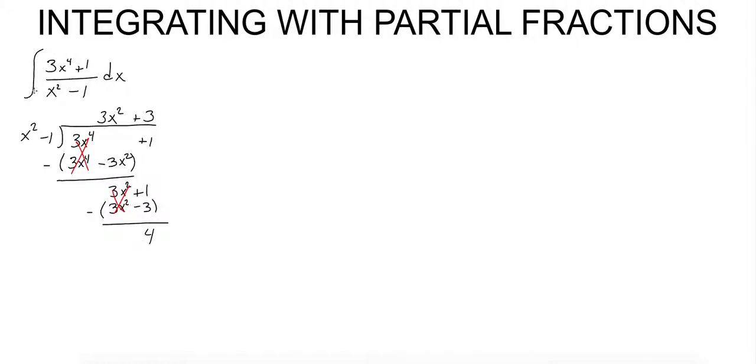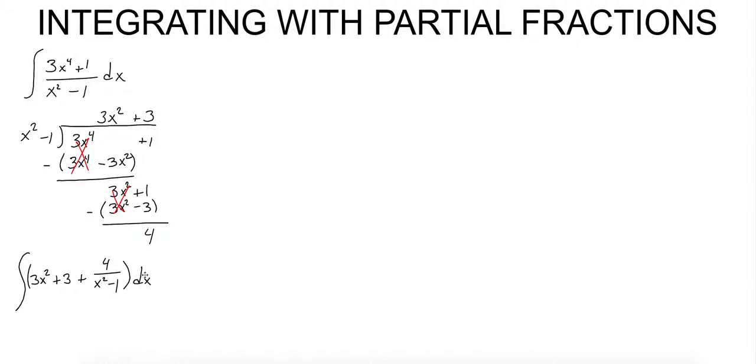So really I'm going to take this integral right here and rewrite it. Now I'm taking the integral of 3x squared plus 3 plus 4 over x squared minus 1, and all of this is being done with respect to x.